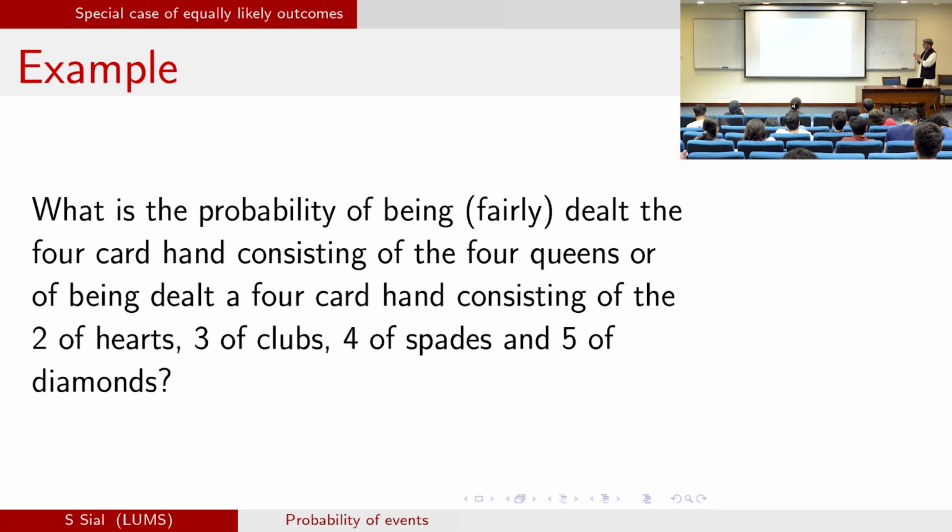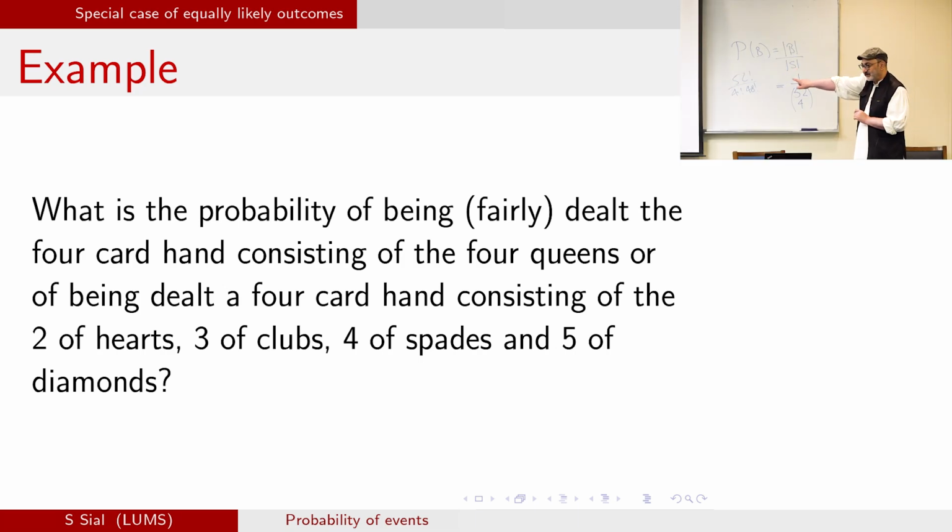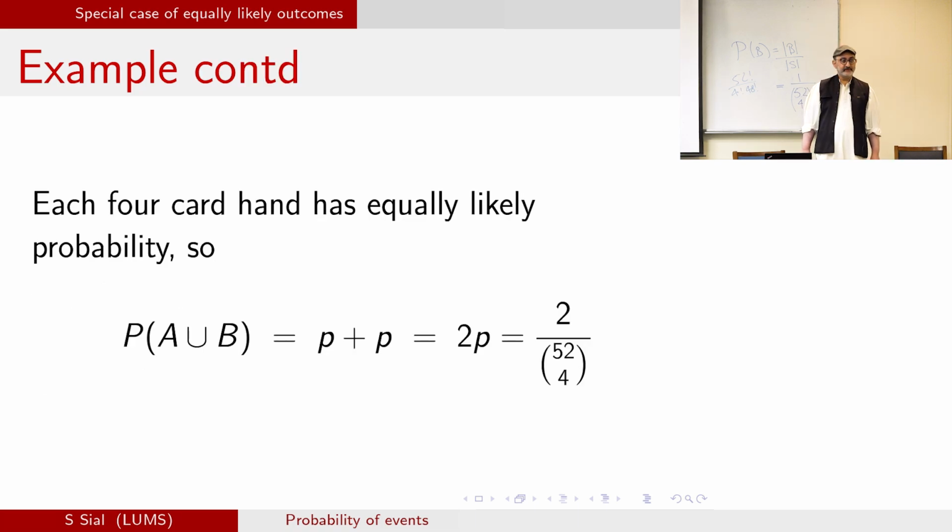What is the probability of being dealt either one particular hand or a second particular hand? This time you've got 2. The number of desired outcomes is 2. The set of desired outcomes is 2 out of 52 choose 4.